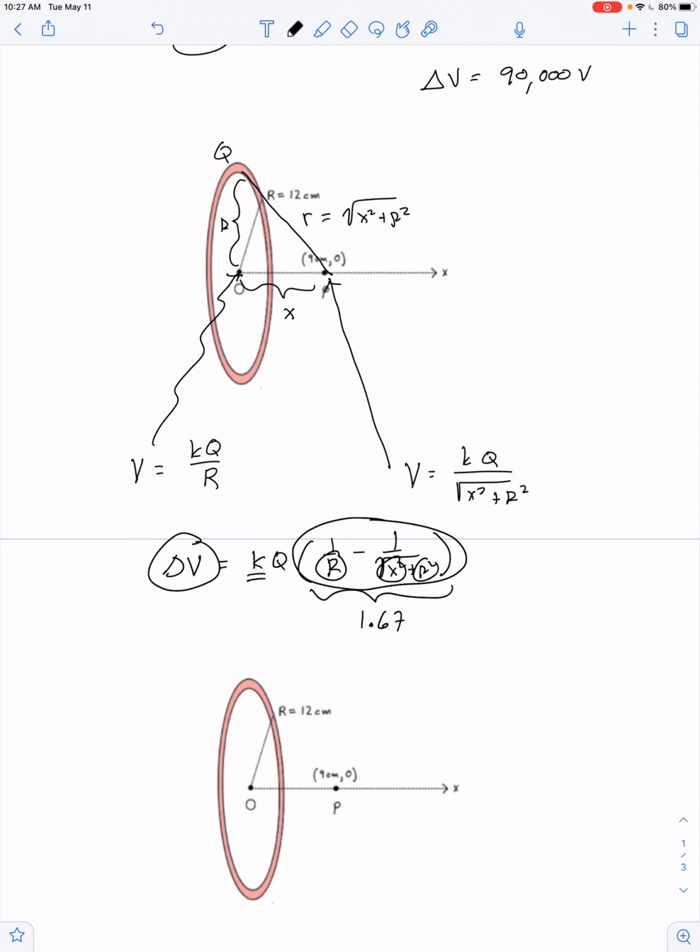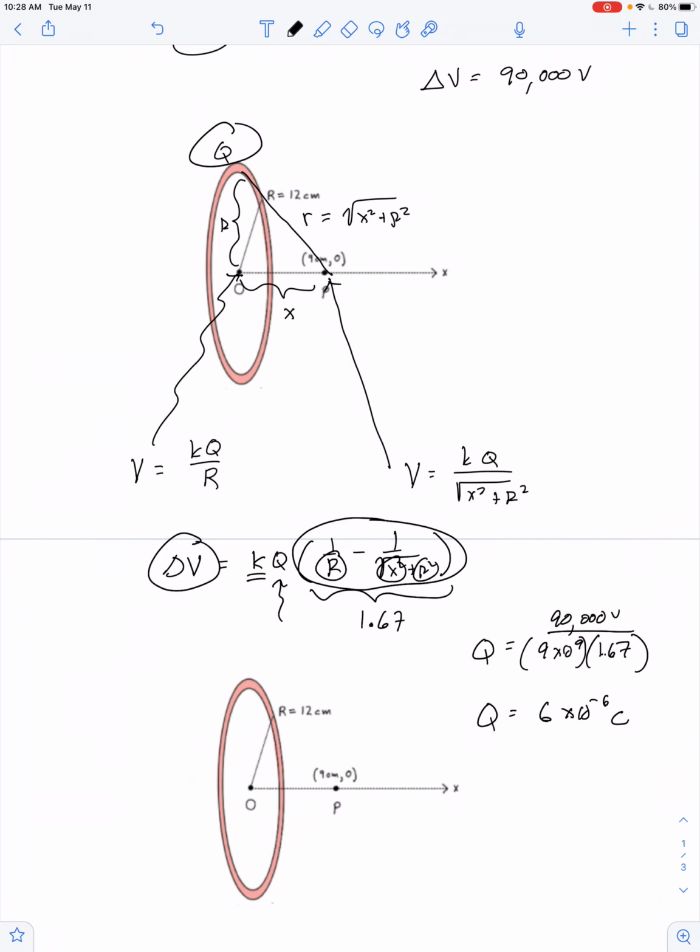We just found this delta V is 90,000, so we can now solve for the amount of charge that's on this ring. It's equal to 90,000 volts divided by 9 times 10 to the 9th and 1.67. So we get that the charge on the ring is 6 times 10 to the negative 6 coulombs, 6 microcoulombs.